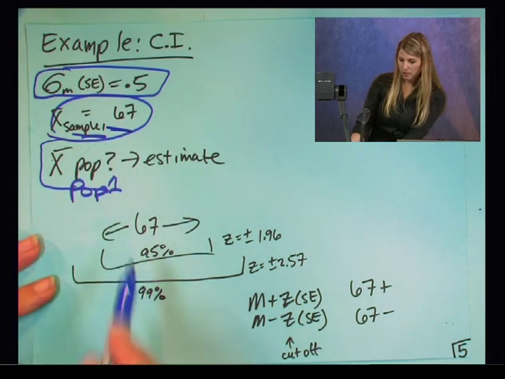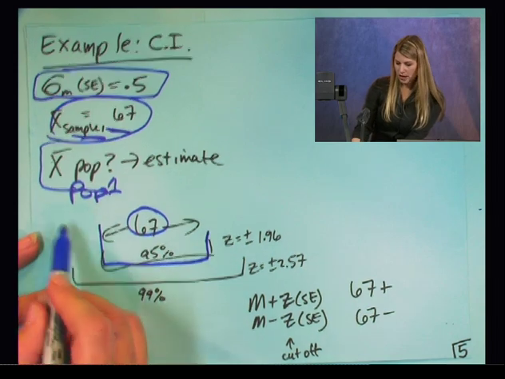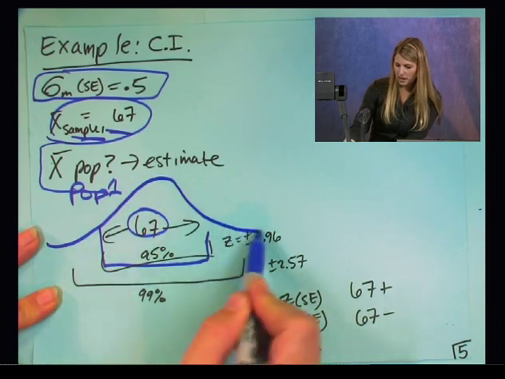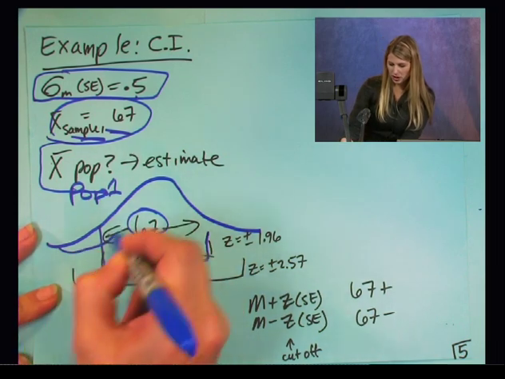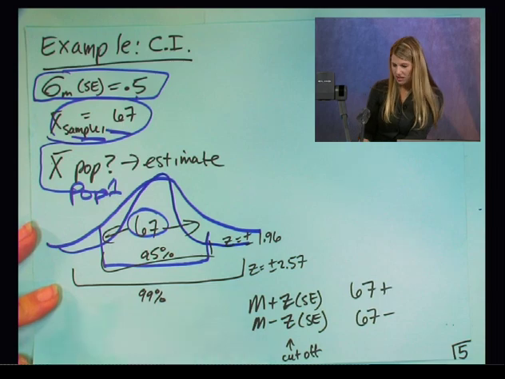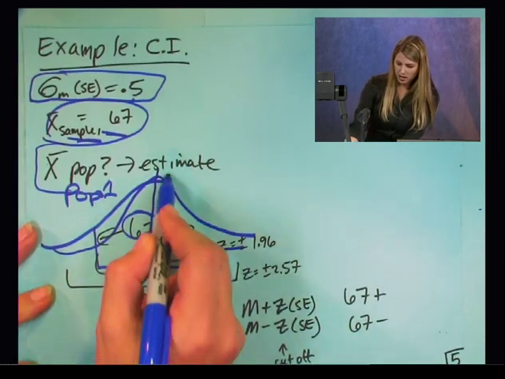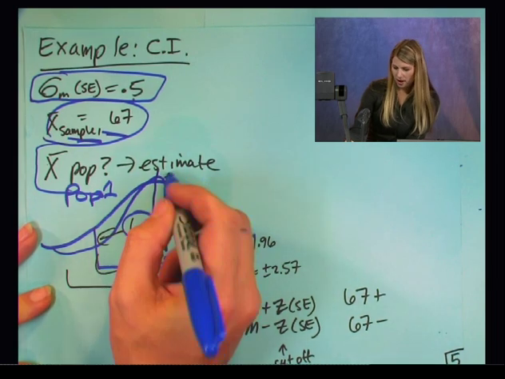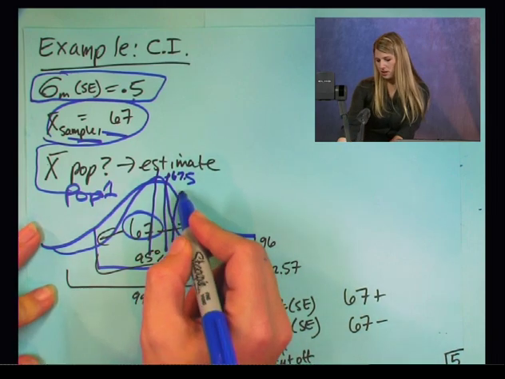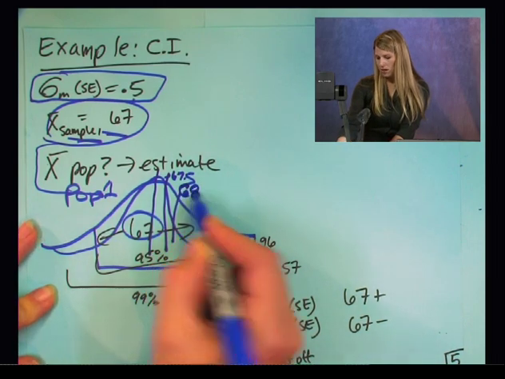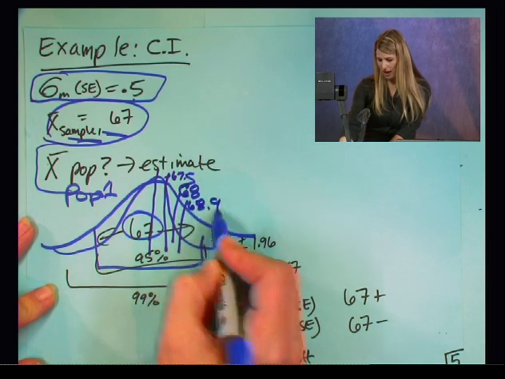So we put our sample mean in the middle, and then we create a confidence interval around it. If we know the spread based on this 0.5 standard error, we know that this normal curve, we'd have 67, and then we go up 1 standard error, it'd be 67.5, up 2 standard errors, and so it'd be 68, and 3 standard errors would be 68.9.